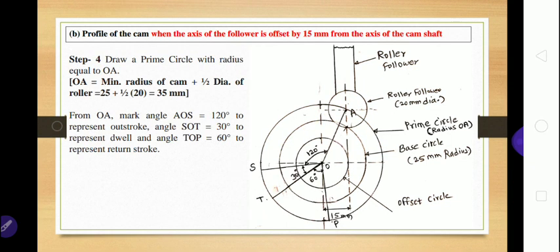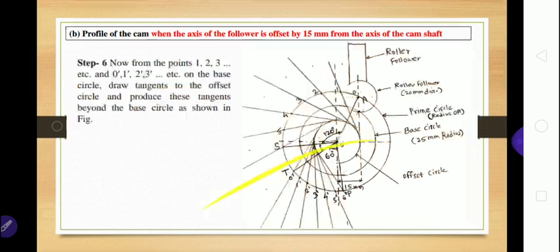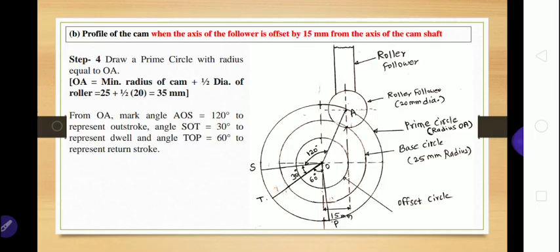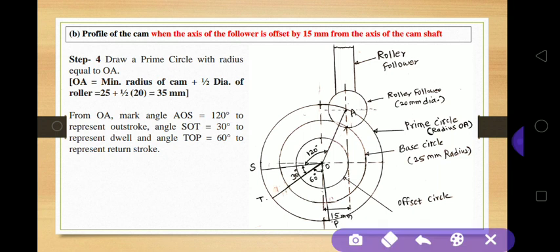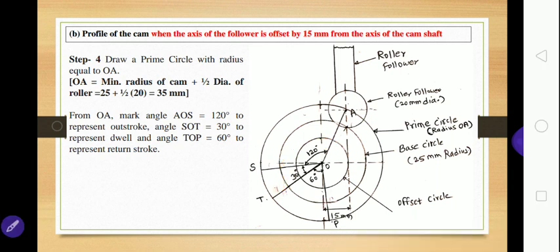Next step, join the points A and O, and from that line AO mark our angles as usual: 120 degrees, 30 degrees and 60 degrees, that is the angle during the outstroke, angle during dwell, and angle during the return stroke.